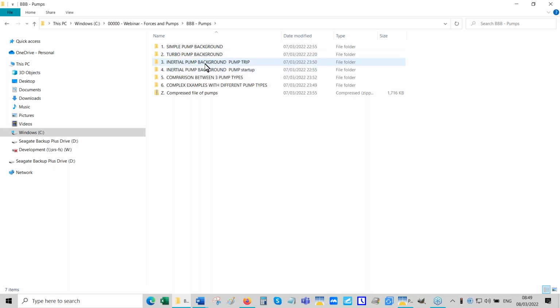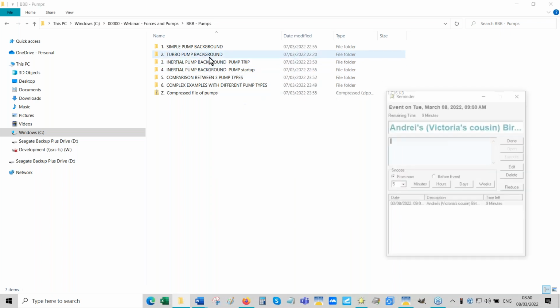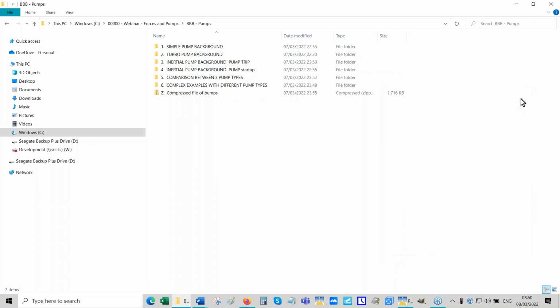So the inertial pump, and there are 2 modes in which you can operate the inertial pump, pump trip and pump startup. Because for pump trip, you will not need the torque curve because you're assuming that the torque that's rotating the pump essentially becomes 0. So, we don't need this. Whereas for when the pump starts up, we will need the torque curve. That's why the inertial pump can work in 2 different modes.